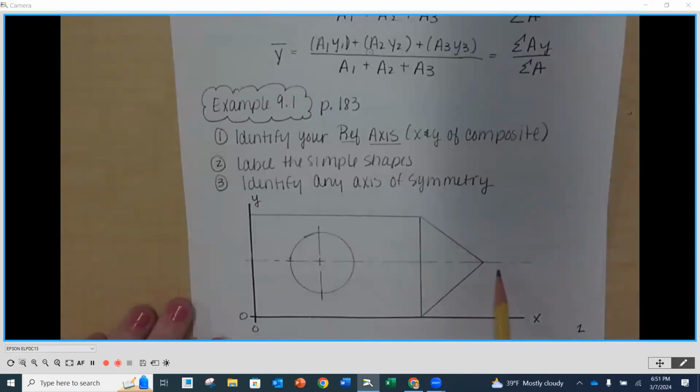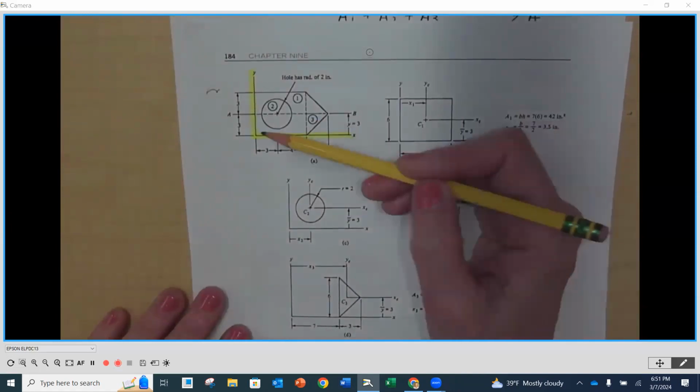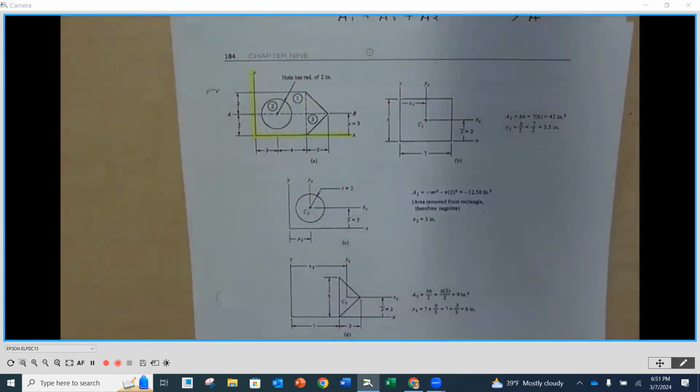You'll notice that it goes through the tip of our triangle and through the center of our hole. And as we look at these dimensions here, this total distance is 6 inches, and it's 3 inches on either side of that axis. What we're going to be expecting then is that our centroid is going to be falling on that axis of symmetry. And we'll kind of see that happen.